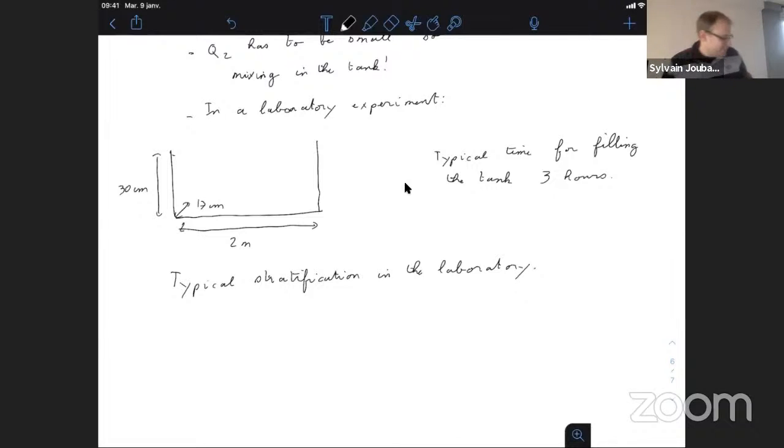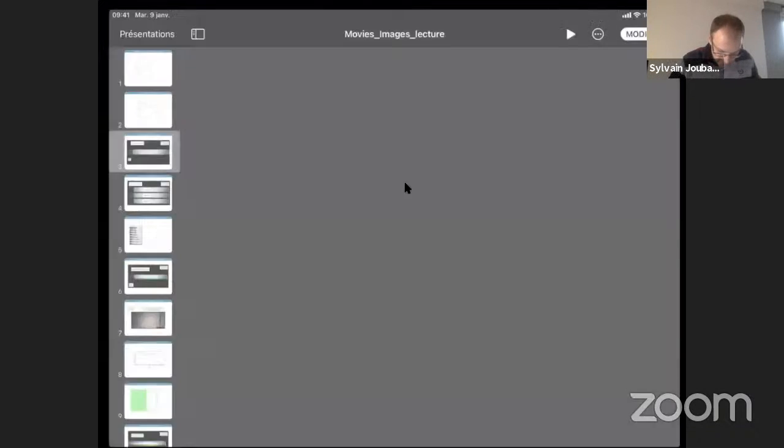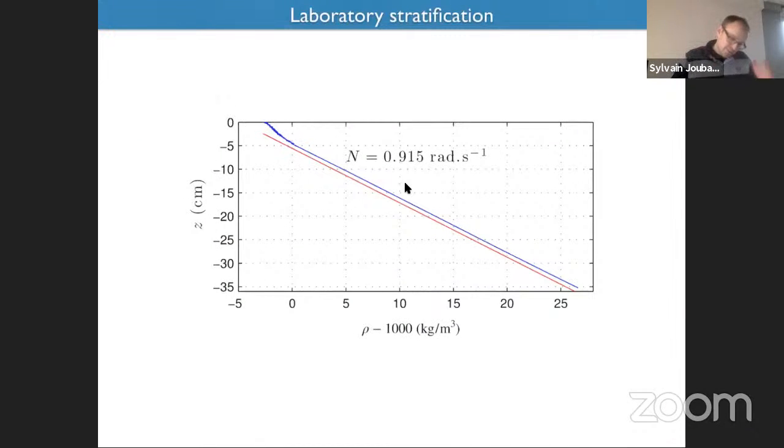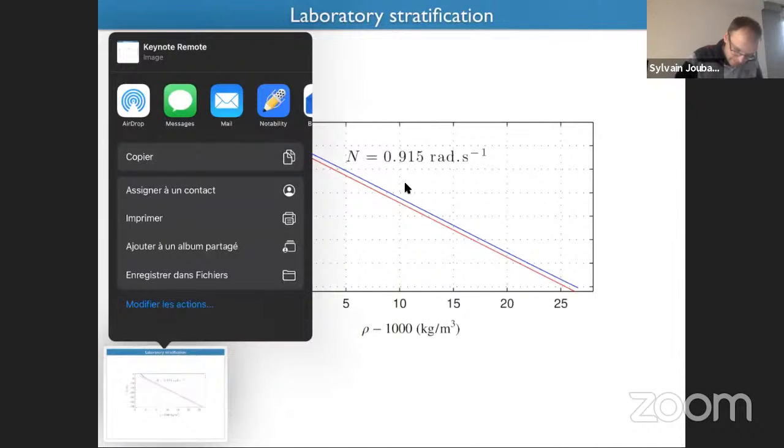We have many stratifications. I will just show one, which is this one. I think it was one from Baptiste Bourget, who finished his PhD in 2013. It's an example of the stratification we can obtain.